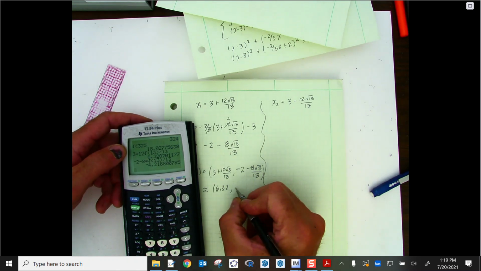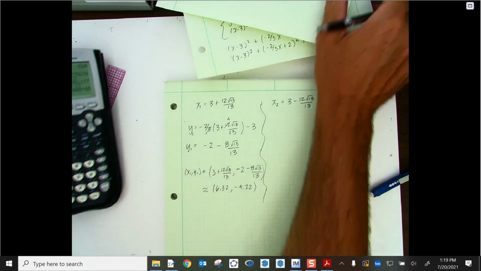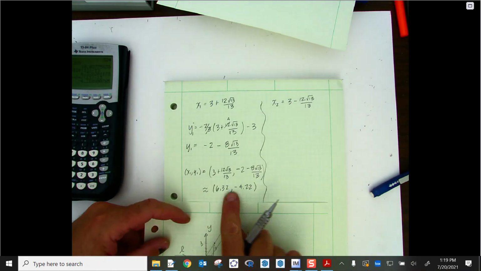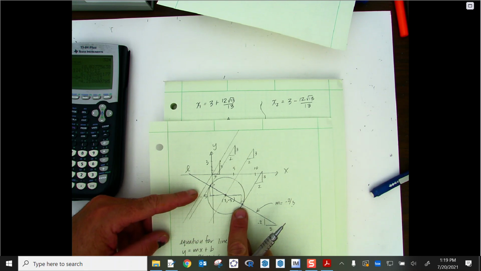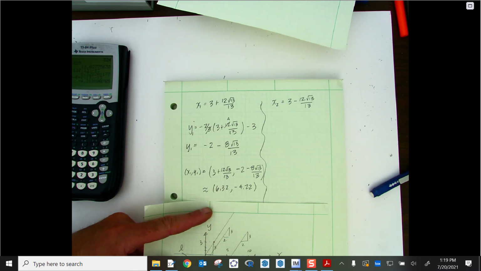And we get negative 4.22. So if we go back to our picture, it seems like this point is this point right here. Negative 4.22. Oh, no, it doesn't seem quite right, does it?